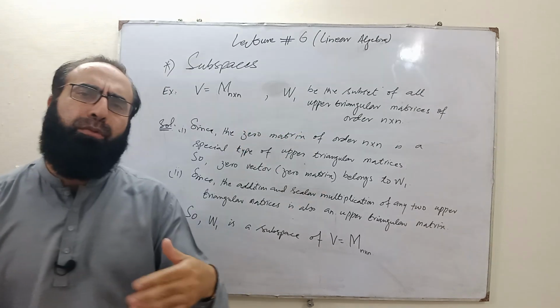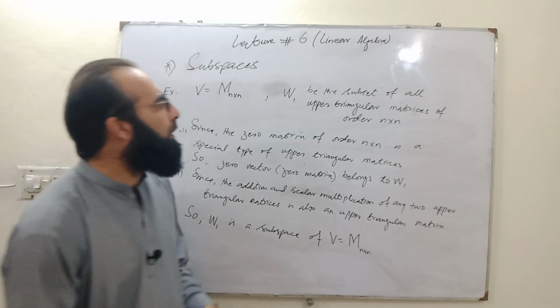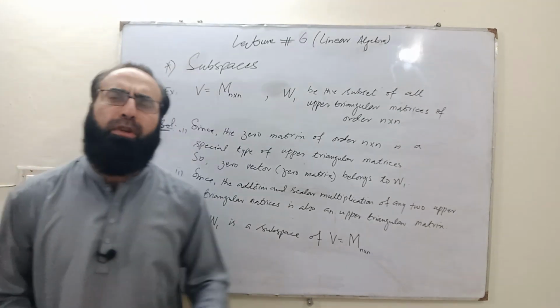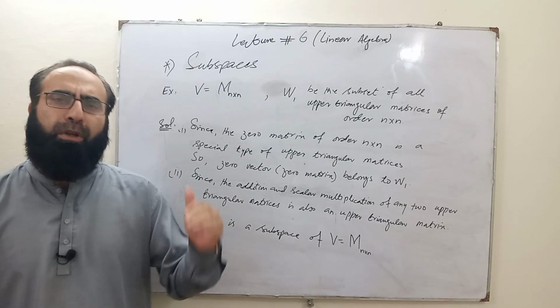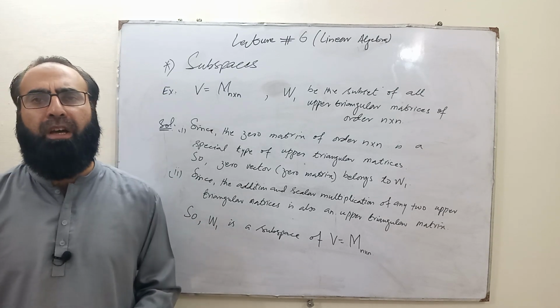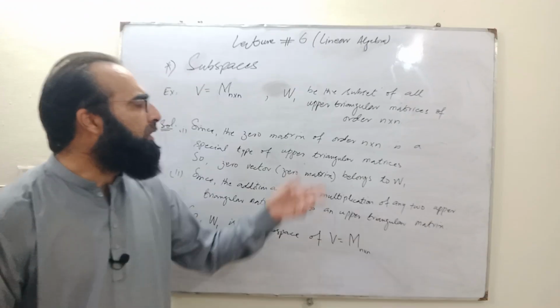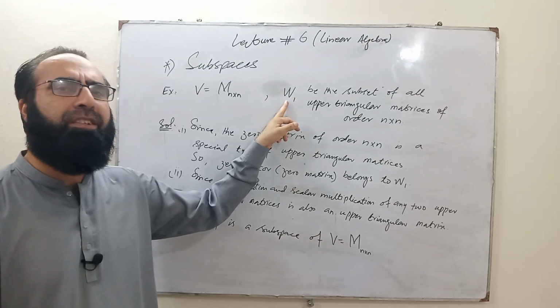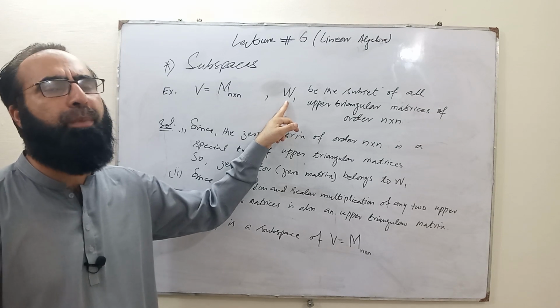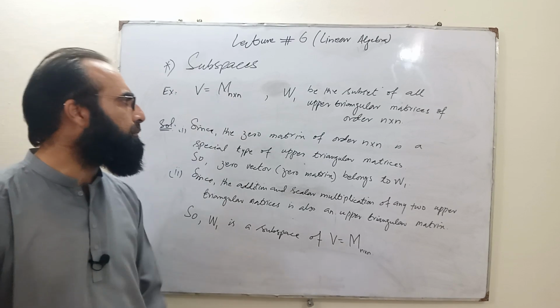First of all, you have to know about upper triangular matrices. Upper triangular means the entries below the diagonal are zeros, and such matrices are called upper triangular matrices. And here we have to show that this W1 is also a subspace of the collection of n cross n matrices.